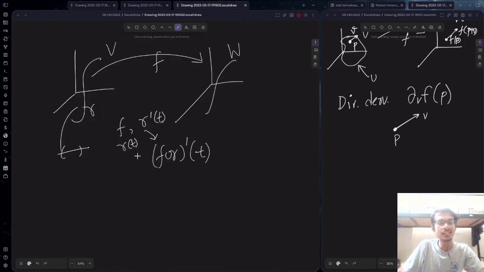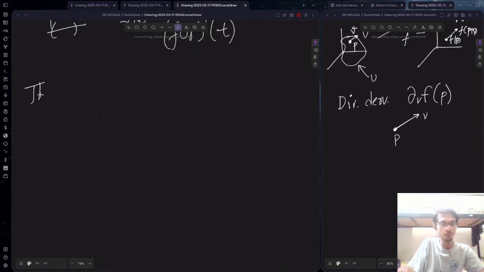And we will see, and we can also prove, this theorem that these are the same thing.